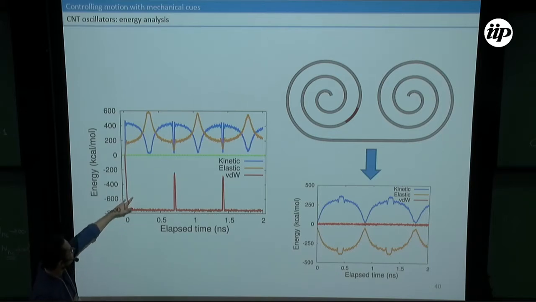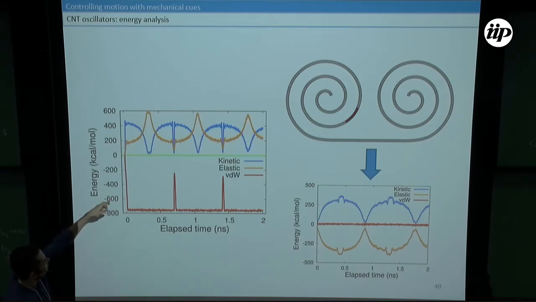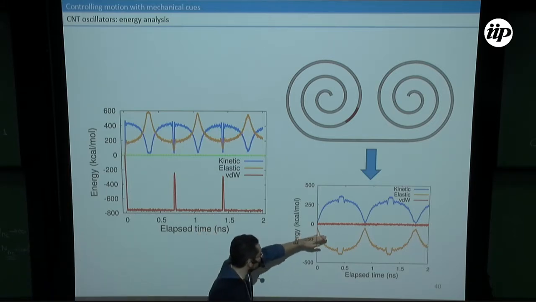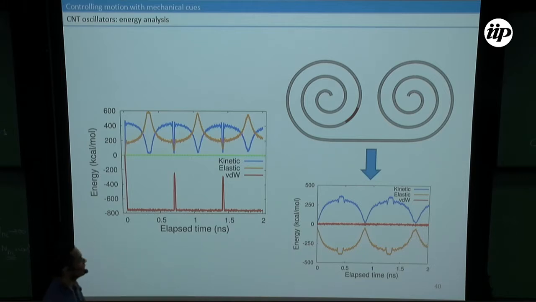Eventually, the elastic energy will become very high, so kinetic energy will go to 0, and it will go back again. You can think about this like a hybrid oscillator, because it's partially driven by elastic energy and partially driven by van der Waals energy. In this case, the van der Waals energy is basically constant while it's moving inside the structure, so it's basically driven by elastic energy and the exchange between elastic and kinetic energy.